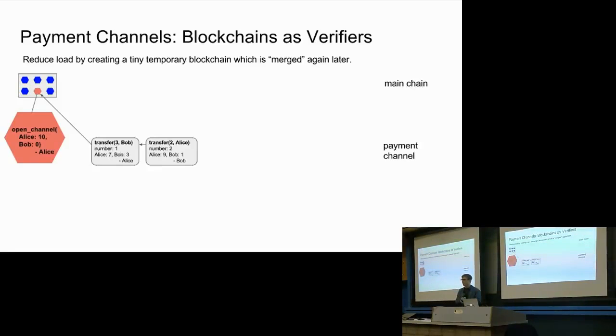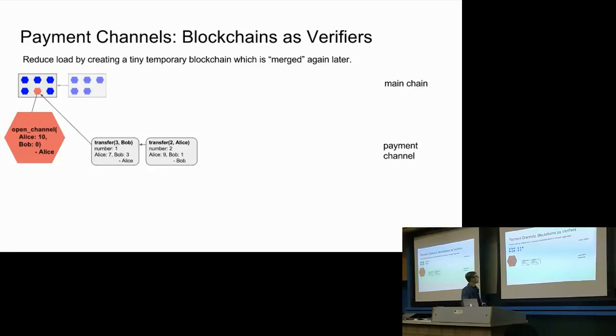So Alice stores some data for Bob, or Bob stores some data for Alice, and they request data from each other. And each time Alice requests, I don't know, 50 megabytes from Bob, Bob sends 1 token to Alice. And then at some later time, Bob needs data from Alice, so he pays for the data and so on. So that's one of the purposes of such a payment channel.